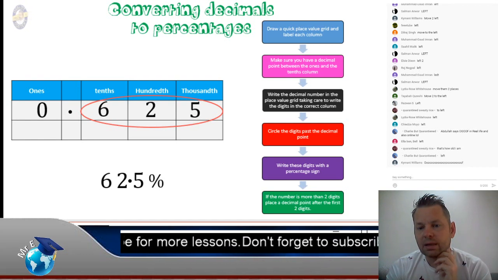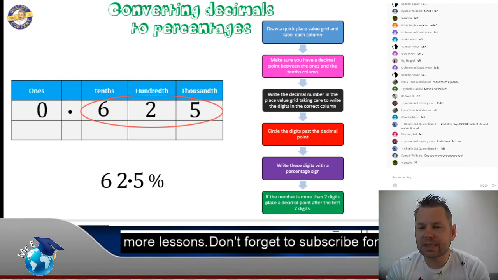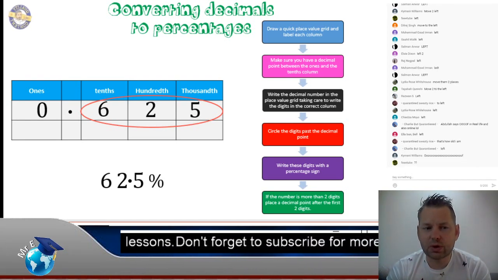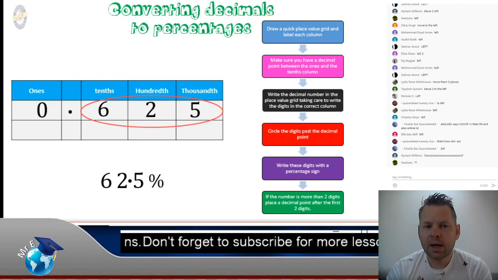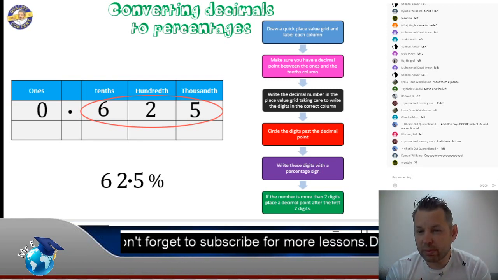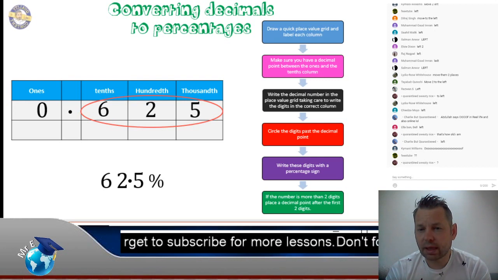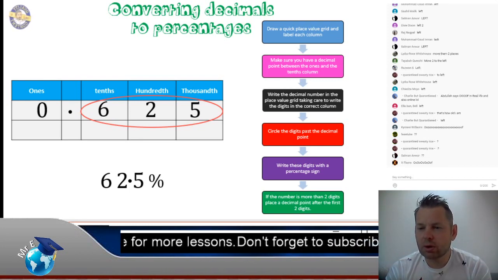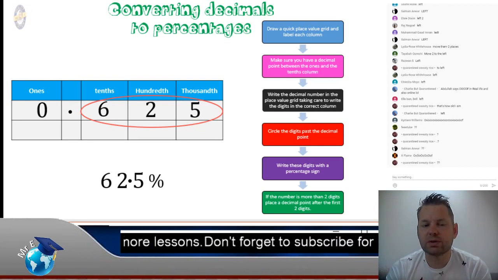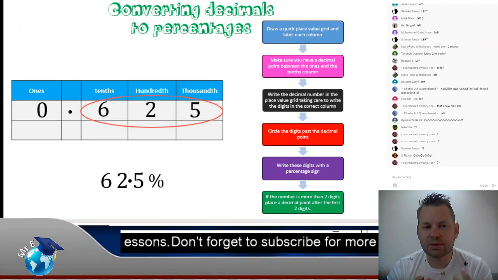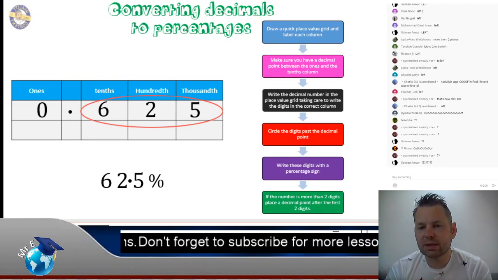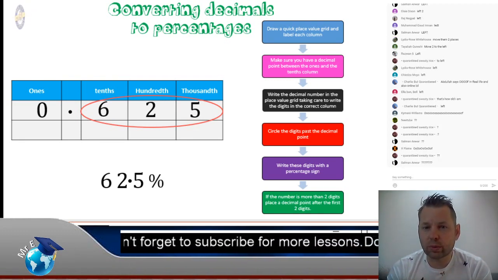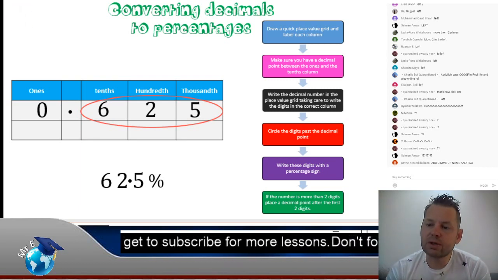There's things that when I was your age, I didn't understand. In fact, fractions, when I was your age, I struggled with until I was probably in the second year of high school. So it's important not to go, oh, I can't do fractions, or I can't do percentages. The best thing to do is say, I struggle with it at the moment, but I'm going to challenge myself to do it.